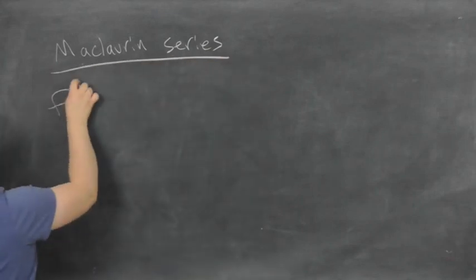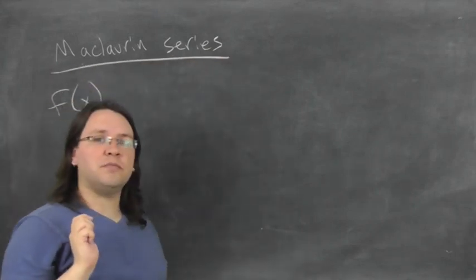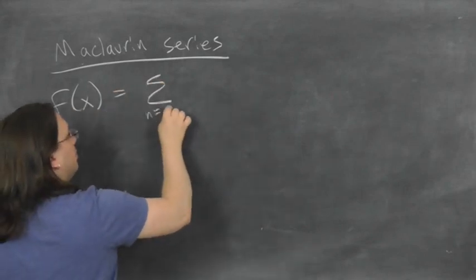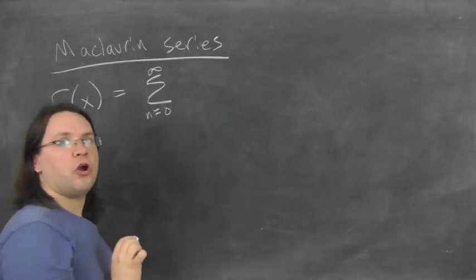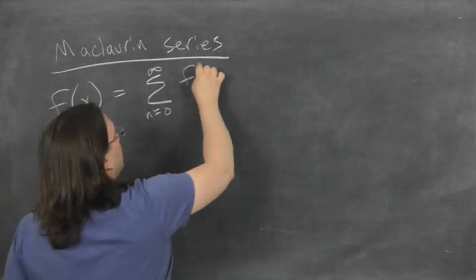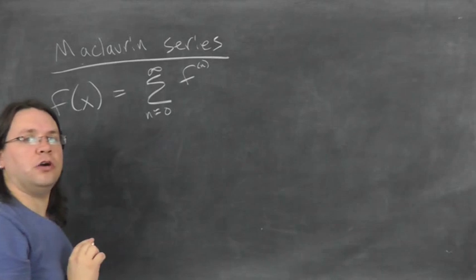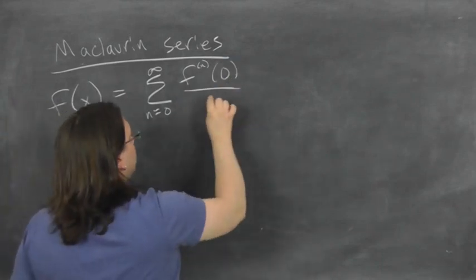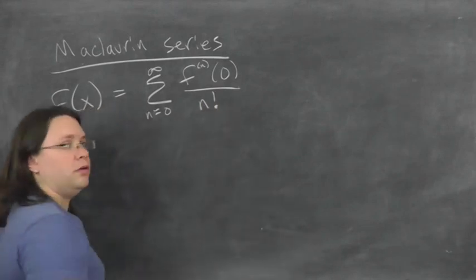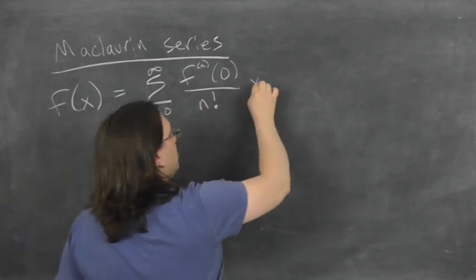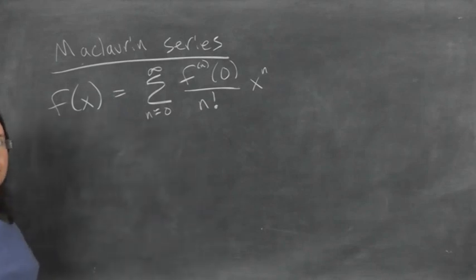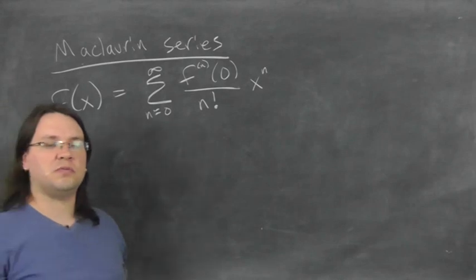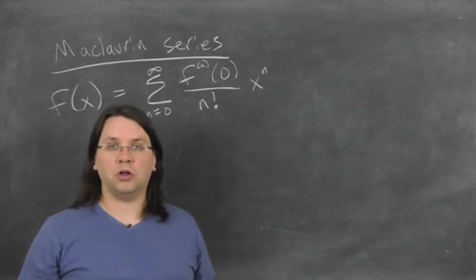We started with the function f, and we said that f has a Maclaurin series if f of x is equal to an infinite sum of terms of the form: take n derivatives of the function f, plug in 0, this gives us a number, divide that by the number n factorial, and then put an x to the n next to it. So this is a power series, and if the function f of x equals this power series, then we say that f has a Maclaurin series.